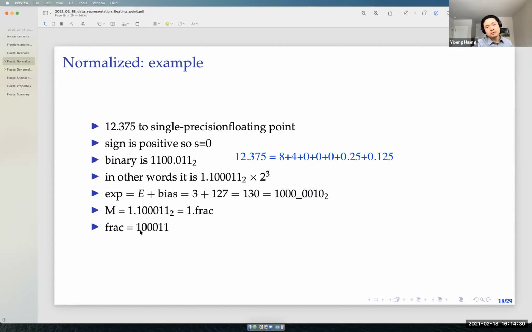And for the frac field, we encode this number here. And so that's how you would encode the 12.375 real number as a floating point number. So any questions about the normalized case?